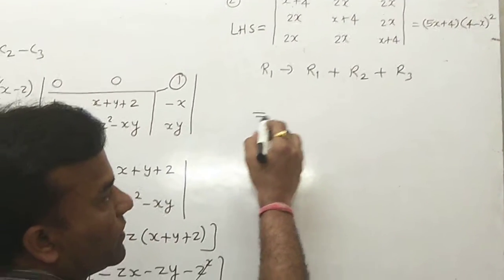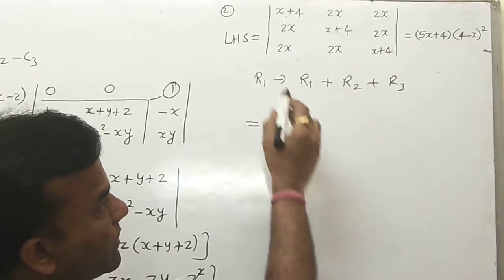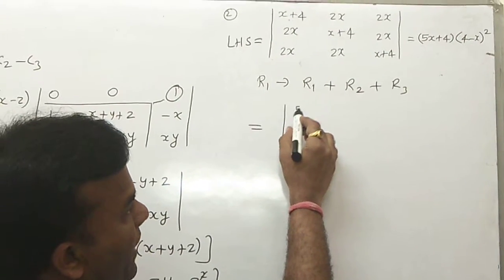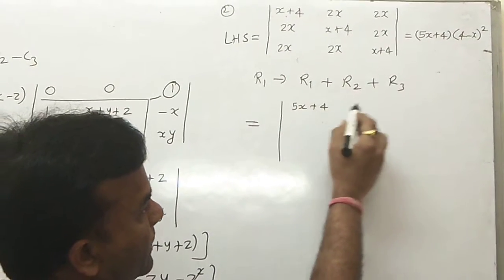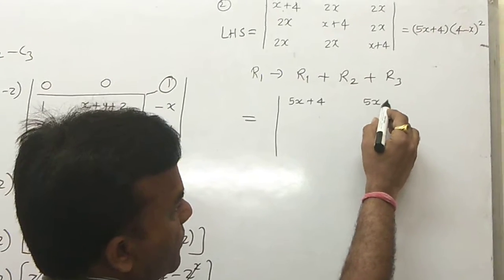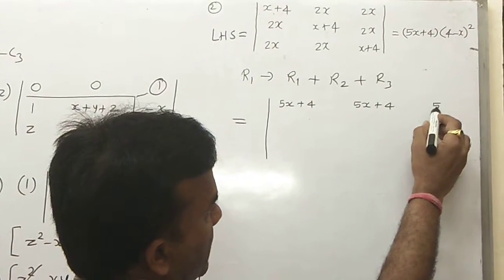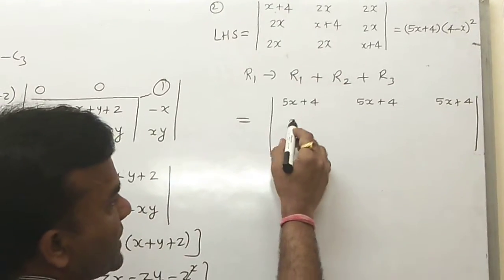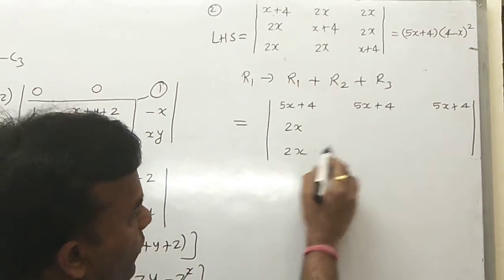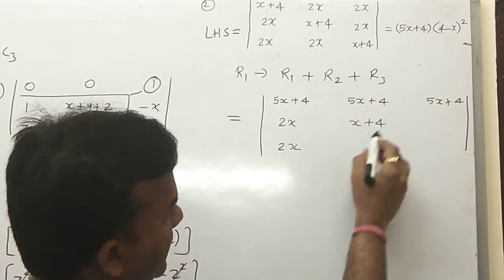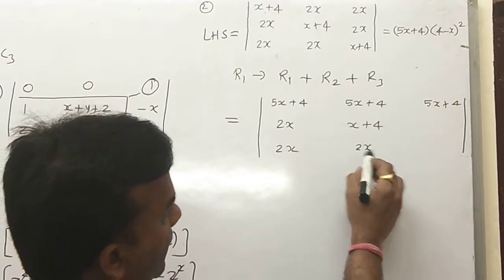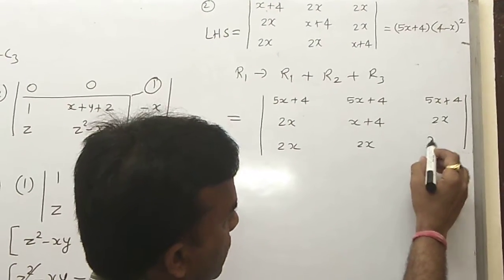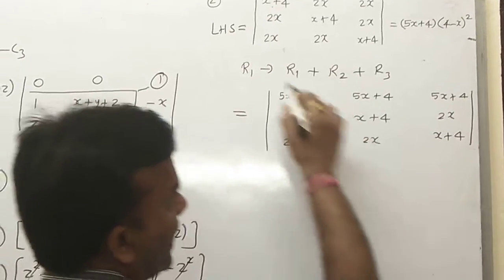Therefore we have 5x plus 4, similarly 5x plus 4 and 5x plus 4. So there is no change because all elements have the same position. So you put as it is the rest of the elements in R2 and R3. There is no change in R2 and R3 because you apply only an R1 operation.